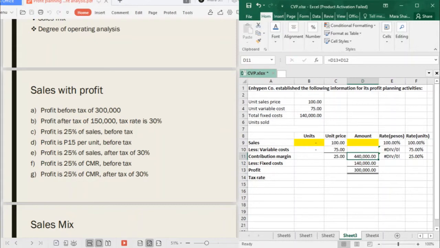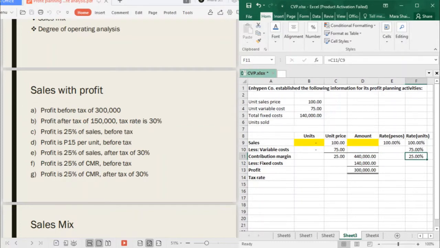Now, if you are asked for the sales, either in units or in peso, if in peso, we can make use of the CMR. You know that your CMR is the same whether in peso or in units. So, since what you have available are units, you can get your CMR through units, the rate, which is 25%.